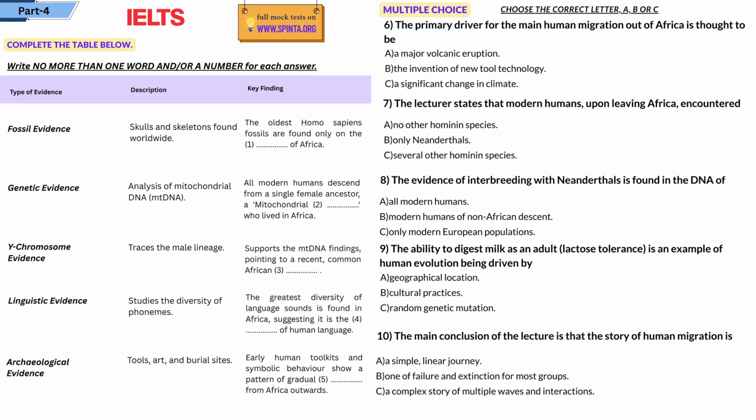So why did our ancestors leave Africa? While there were likely multiple small, perhaps failed migrations, the major successful wave of migration around 60,000 to 70,000 years ago appears to coincide with a period of major environmental shifts.